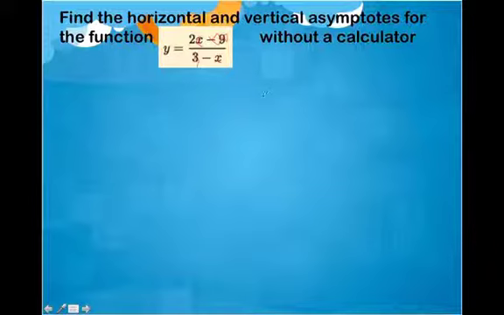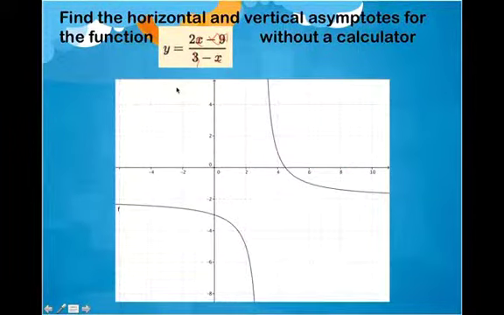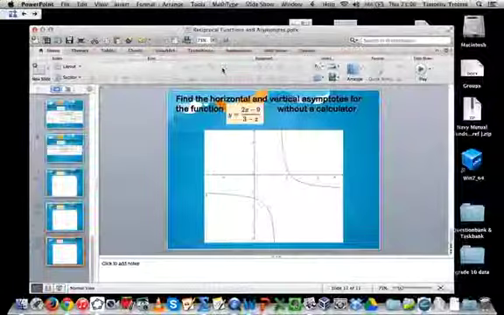So I should have a horizontal asymptote at negative 2. And here we have it. So horizontal asymptote negative 2, vertical asymptote at positive 3, and then we can just put in our smooth curves, and you have just graphed this function without a graphing calculator. Congratulations.